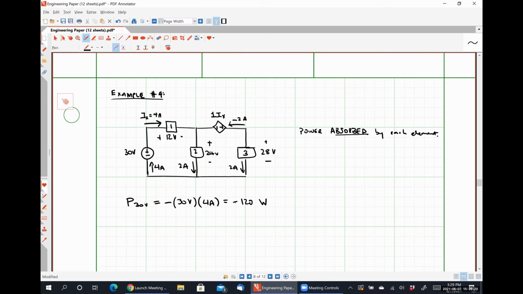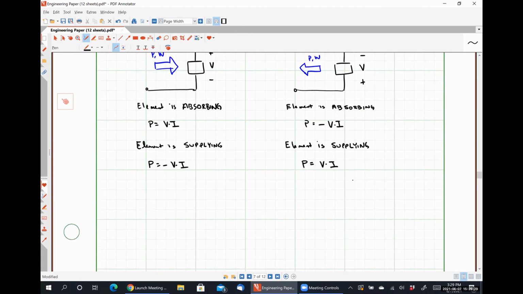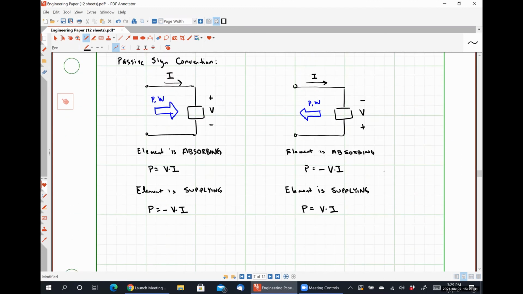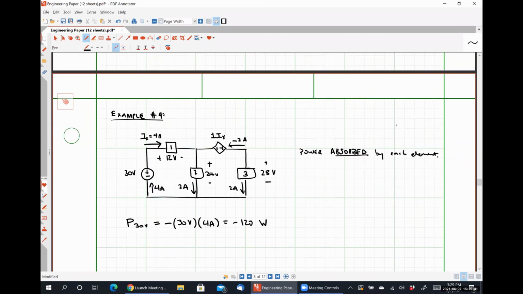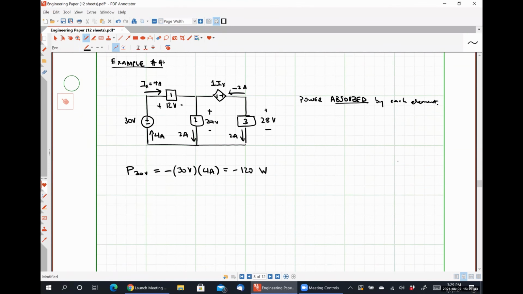If we wanted the power supplied, it would just be 30 volts times 4 amps with a positive sign, because if we look here at our convention, when the current is flowing into the negative polarity terminal, P is equal to V times I for supplying, and P is equal to negative V times I for absorbing. All right, let's look at element 1.